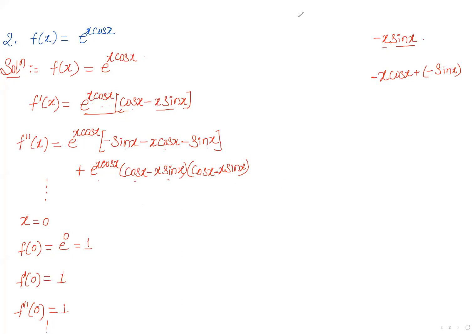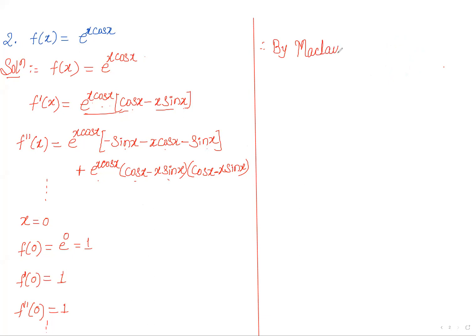Now by Maclaurin series, therefore by expansion of Maclaurin series in powers of x, f of x is equal to, every time I am writing this series, f of 0 plus x into f dash at 0 plus x square by 2 factorial f double dash at 0 plus so on.